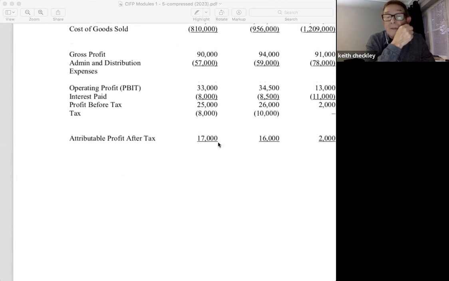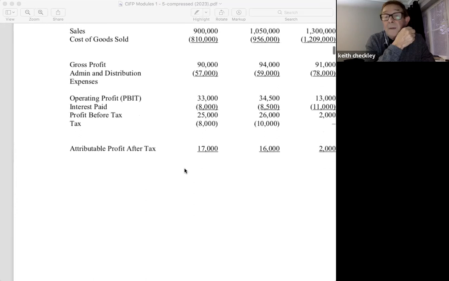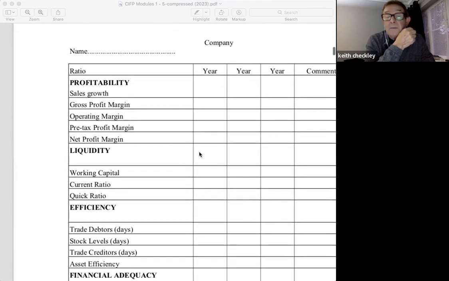And as Candice mentioned, this is the profit after tax in most business cases, unless there's a dividend payment. So there's the 17,000 for the net profit. So final calculation, divide 17,000 by 900,000 and multiply by 100, and we'll get the net profit as a percentage for our final ratio on the income statement.